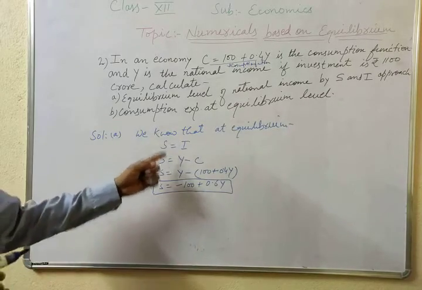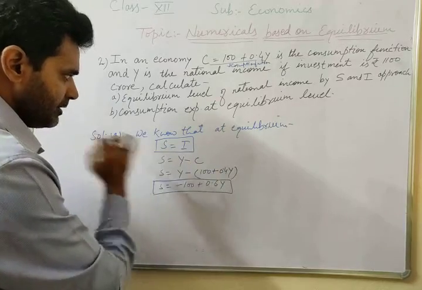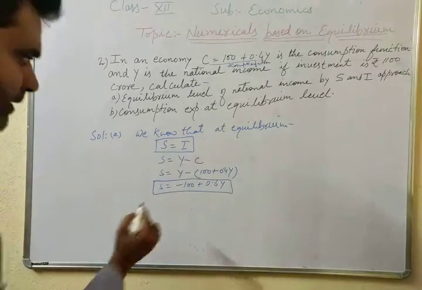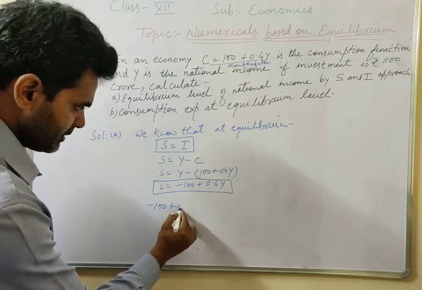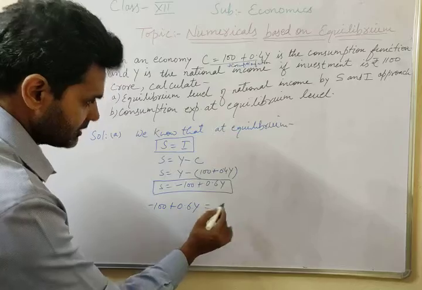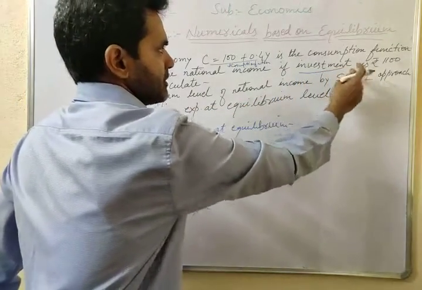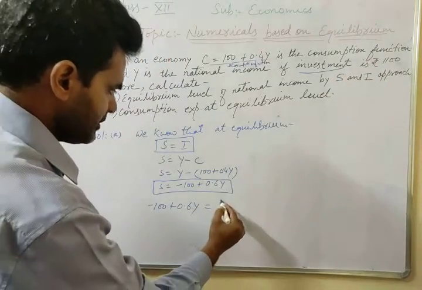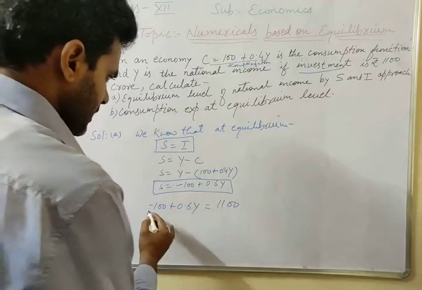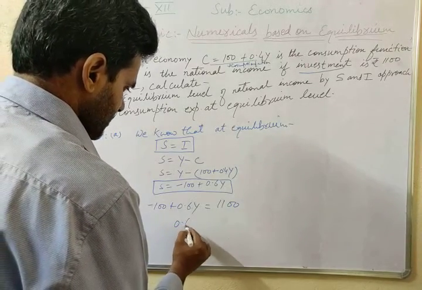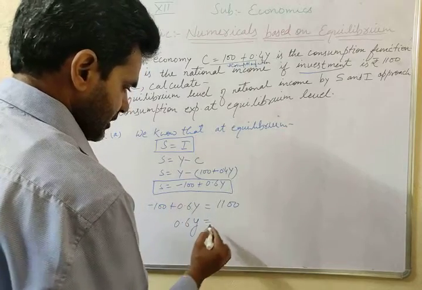Now we put these equations together to calculate the equilibrium level. S is equal to I. So we put S over here: minus 100 plus 0.6Y is equal to I, which is given. This is I, investment, rupees 1100. Now we keep 0.6Y on the left side and carry this 100 to the right side.